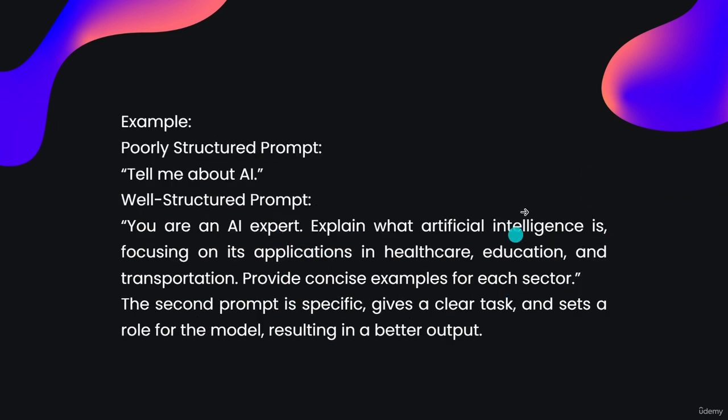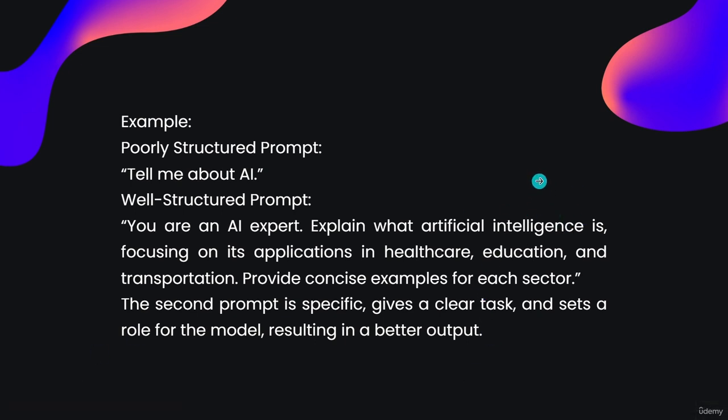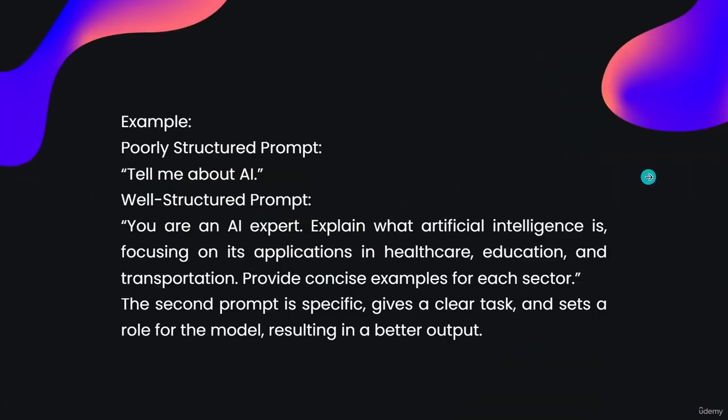Okay, after that I have shown some examples of how the specifications work, how the AI will generate the output based on our instructions. So after this lesson, in the next lesson we are going to learn iterative prompting, which is the best and most important method to get the best output from AI. Let's dive into that.